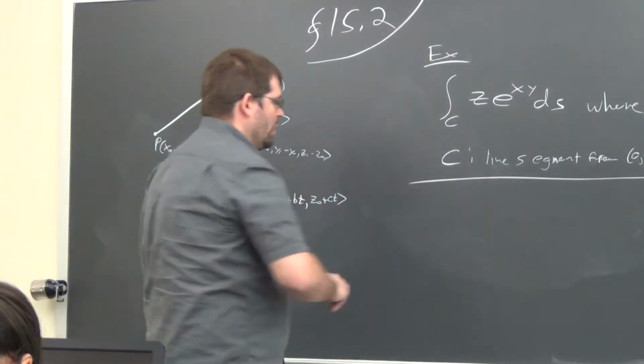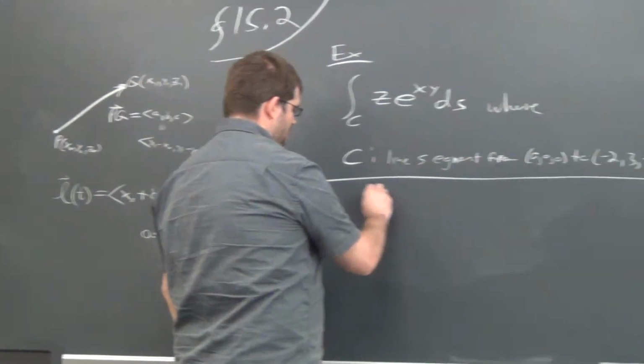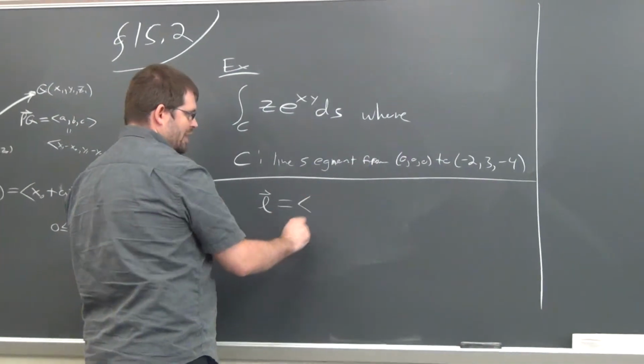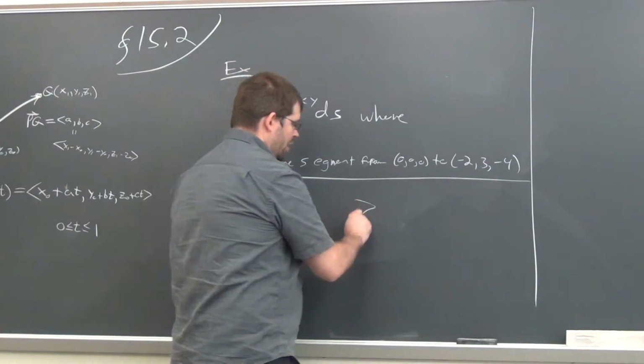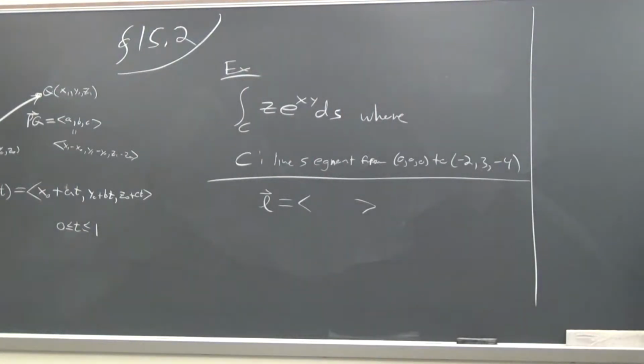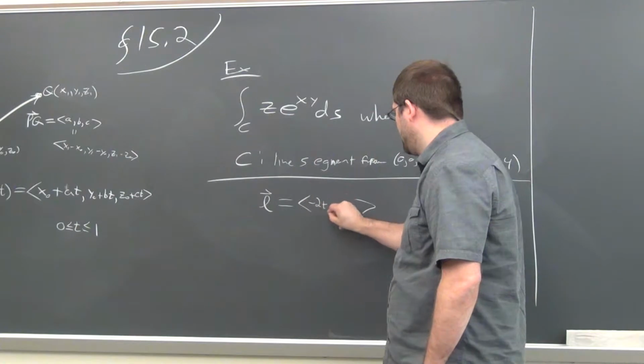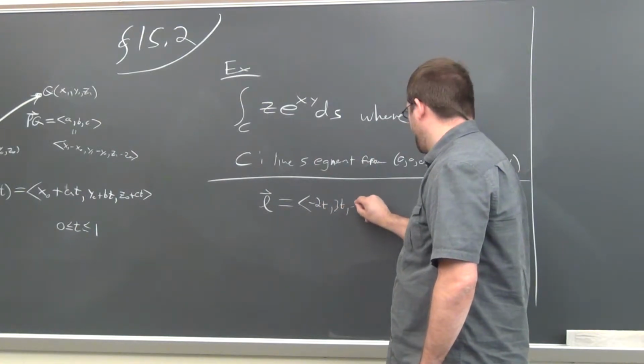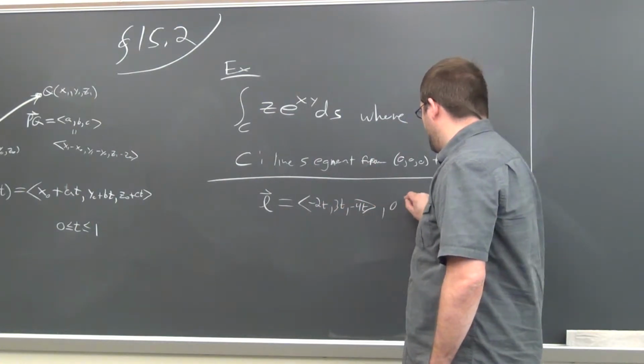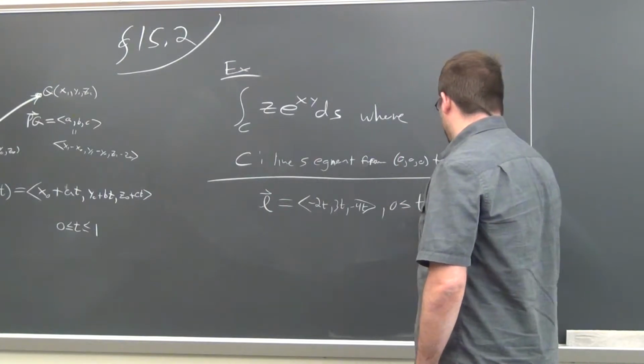So in this case, what do we get for our parameterization? Our starting point is 0, and since it's -2, 3, -4, that will be your vector. And so the line is just -2t, 3t, -4t, and then t ranges from 0 to 1.